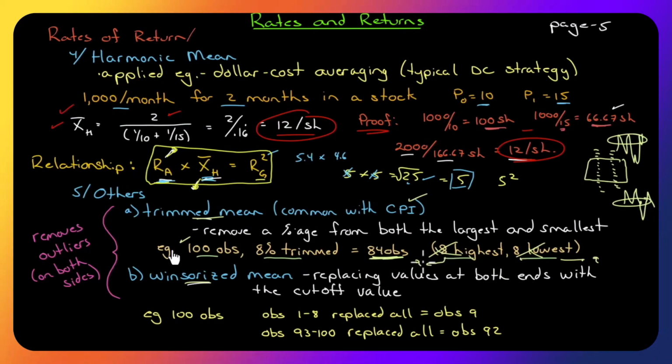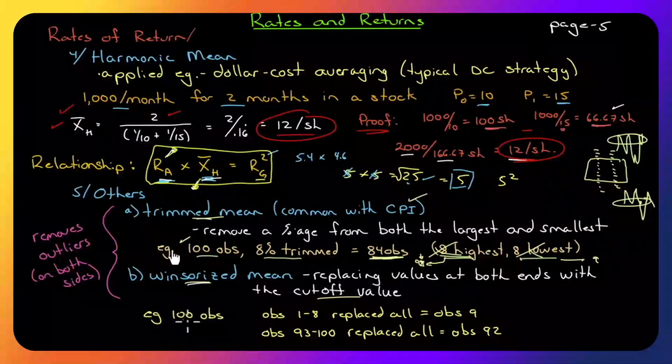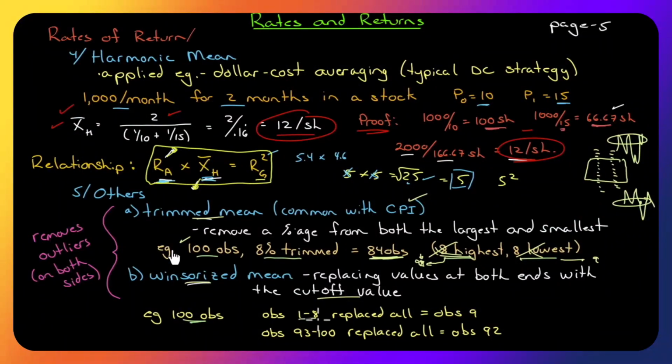So again, with our 100 observations, observations 1 to 8 are all replaced and equal to observation 9. Observations 93 to 100 are all replaced with whatever the value of observation 92 is.